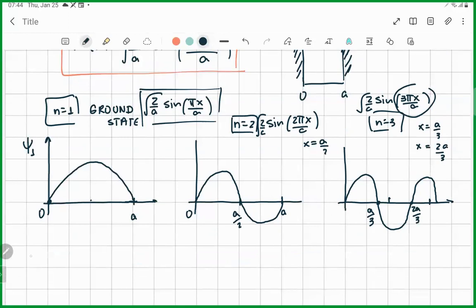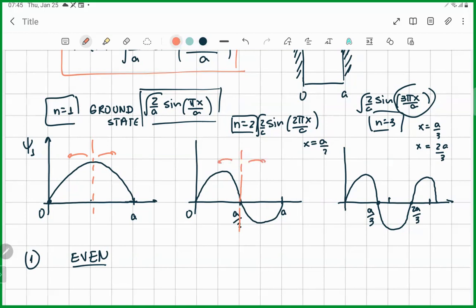Now we made these plots, and the first property that we can talk about with respect to the solution is that the ground state is even with respect to this center, meaning the function to the left or to the right of this point is like a mirror. It's both positive. Now here, in the next case, if you look at the solution to the left and to the right, they are the opposite.